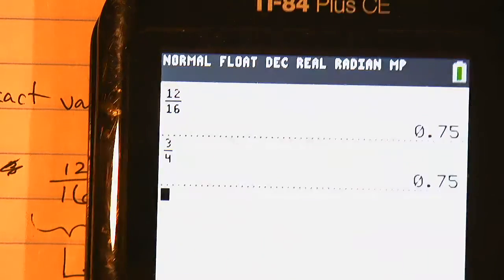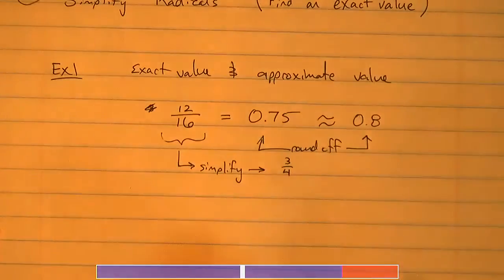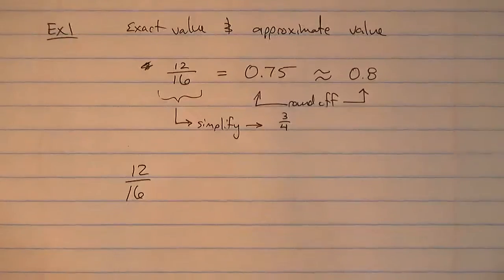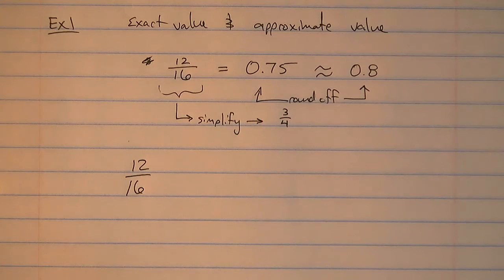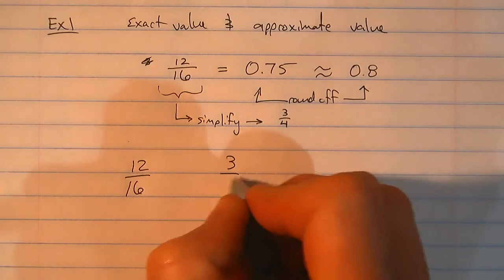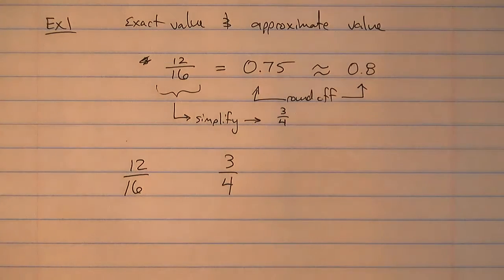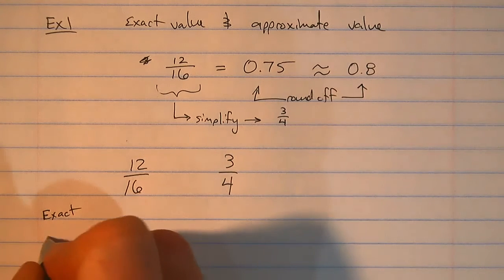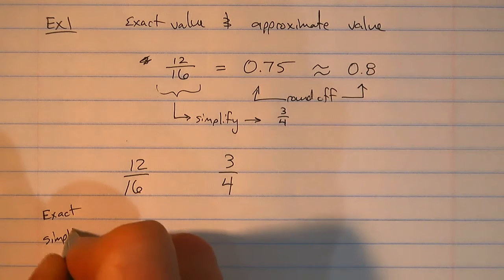Okay, so here's what we currently have on our paper. We have 12 over 16. This is an exact value, but it's not simplified. We have 3 over 4. This is an exact value and it is simplified. Okay, so I'm going to keep track of which ones they are.